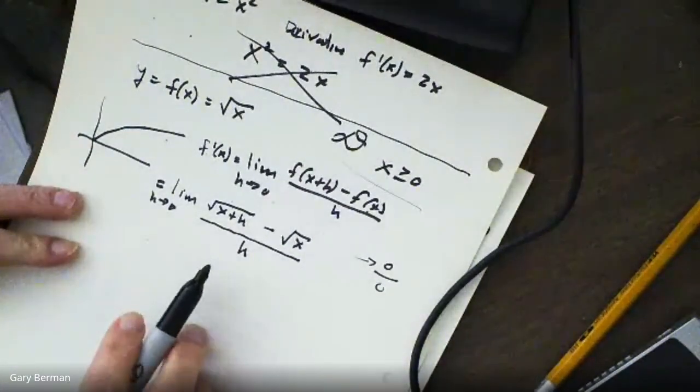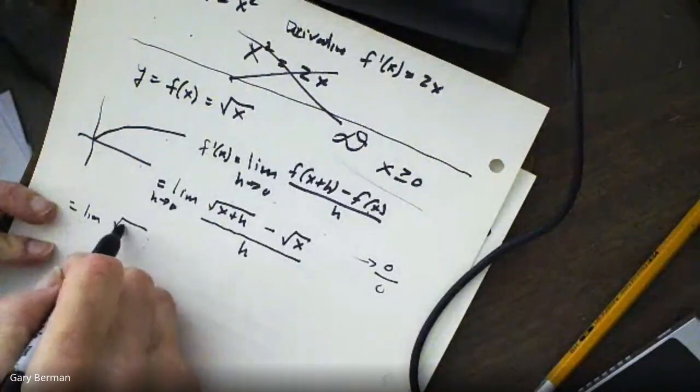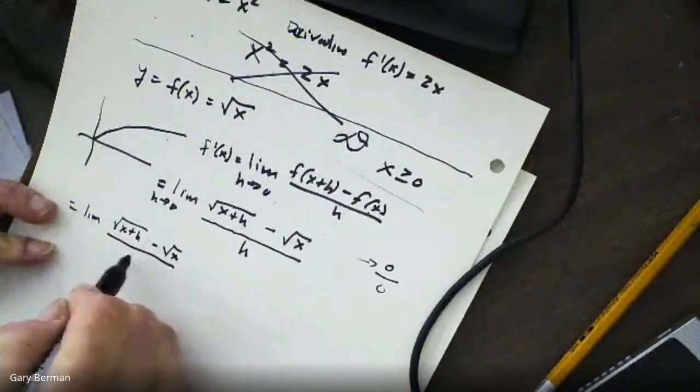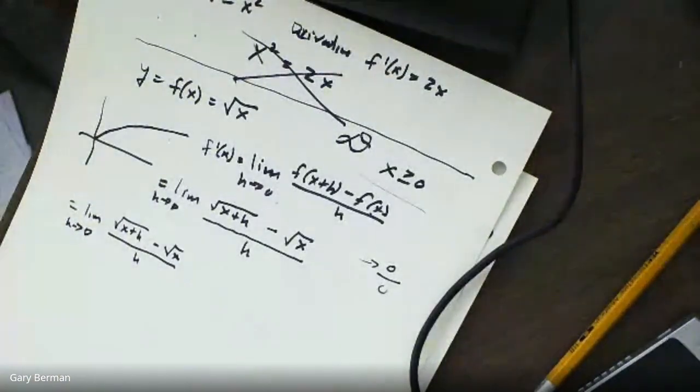So we learned already that there's a standard trick for handling this kind of limit when it's not cooperating nicely with us. Someone tell me, what is the standard trick for doing this kind of limit? Someone's saying to multiply by the conjugate. Very nice.